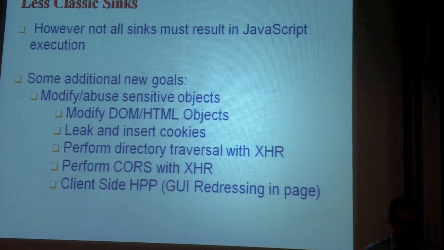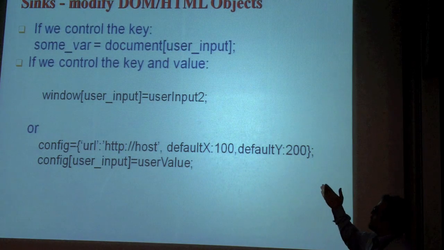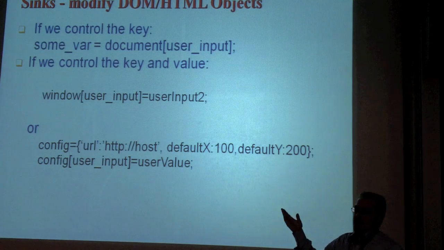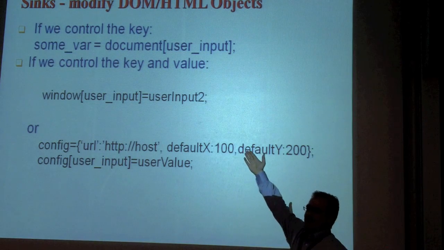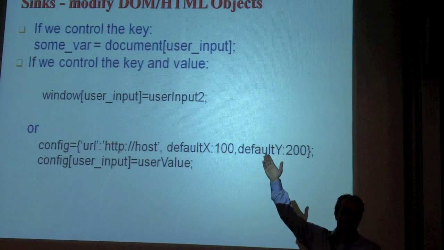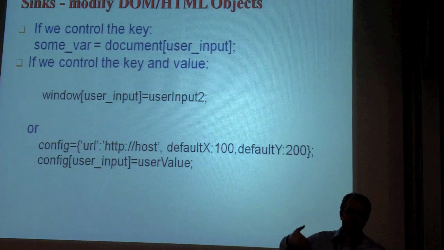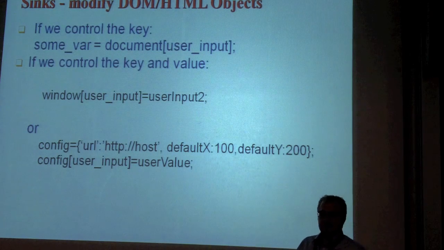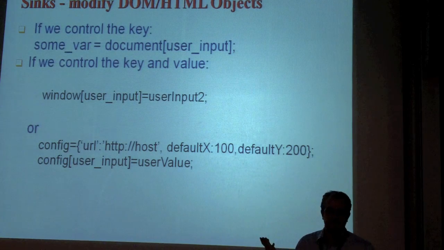And then also client-side HTTP parameter pollution, we will see an example. In this case, we can, for example, modify the DOM or an HTML object. How? Let's suppose that the key element of the document object can be controlled by the attacker. Of course, in this case, it could be, I don't know, cookie.